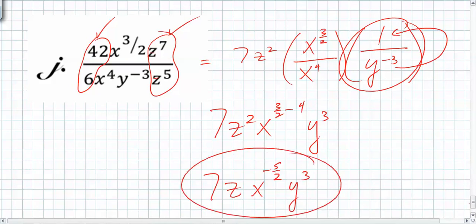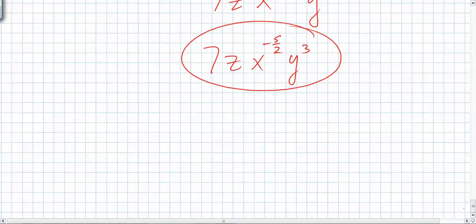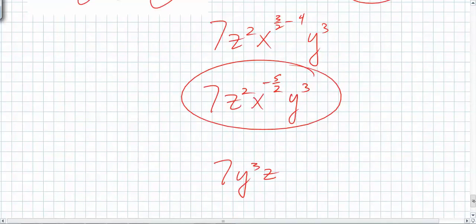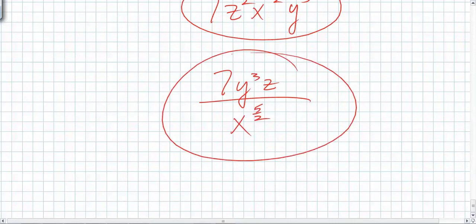Now, is that the final answer? We don't like that answer because what? What's the one thing we don't like? Negative 5/2. So where do we put it? The bottom. So it's going to be 7 y to the 3rd z squared, right? Sorry, I didn't write it. Over x to the 5/2. Done. There's your final answer.